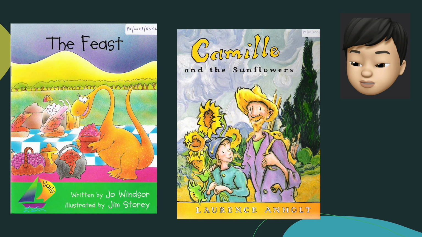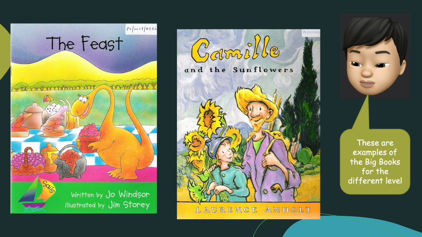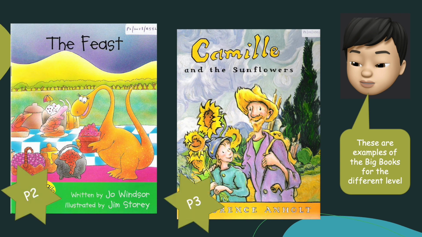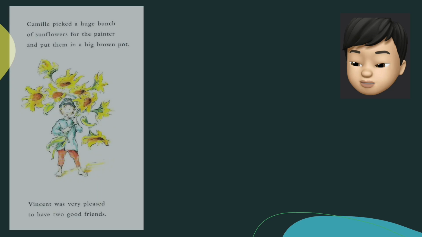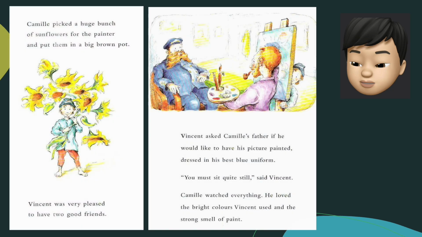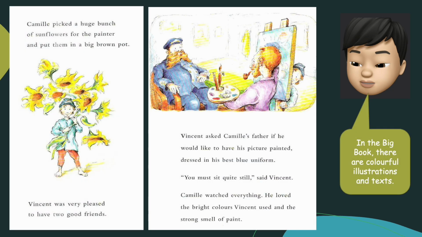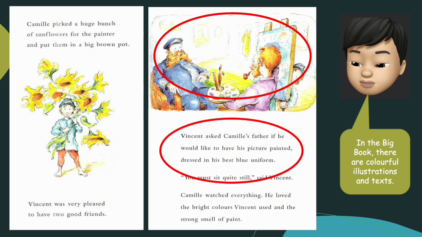These are some examples of the big books that the P2s and the P3s will have. In the big book, there are colorful illustrations and text for them to refer to. This is where teachers and students will discuss the pictures and how to make connections.